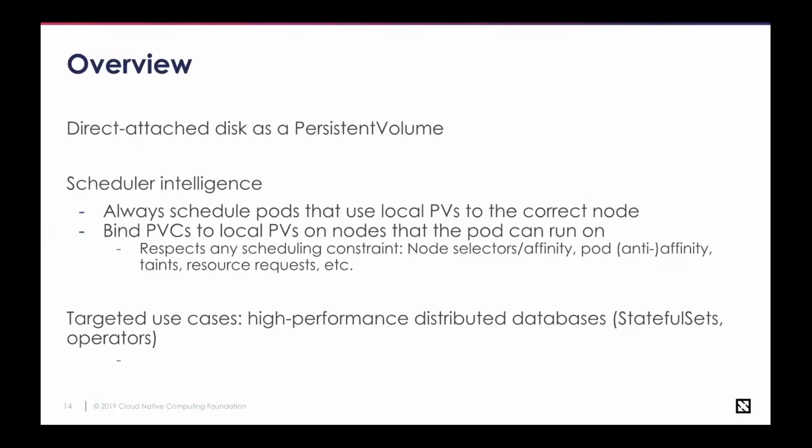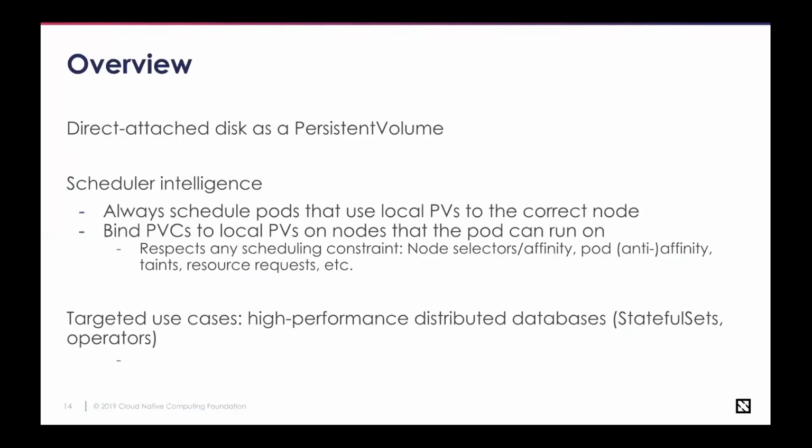So before we had this feature, if users wanted to use local disks, they would have to manually track and manage the local disks themselves and manually schedule their pods to specific nodes. And in some cases, they would have to write custom schedulers for their application that had to do this environment-specific disk management.